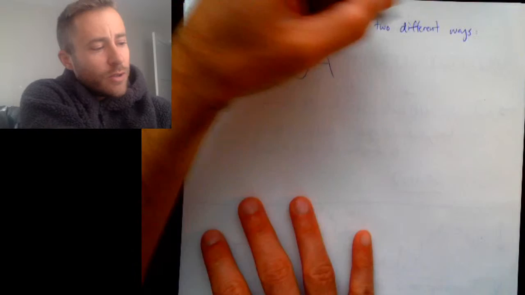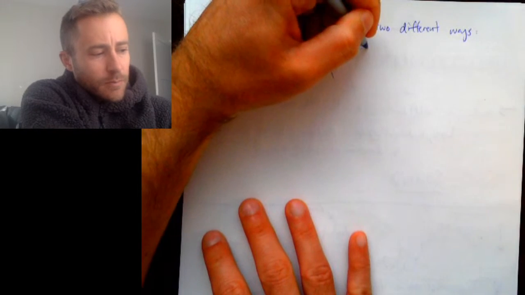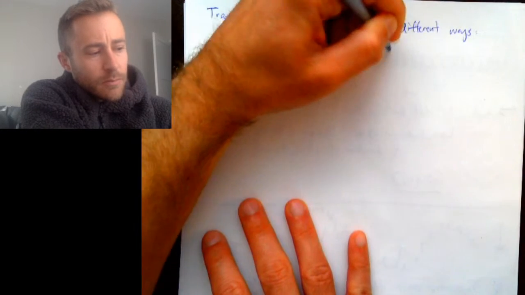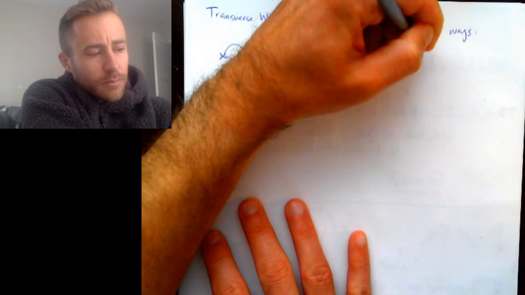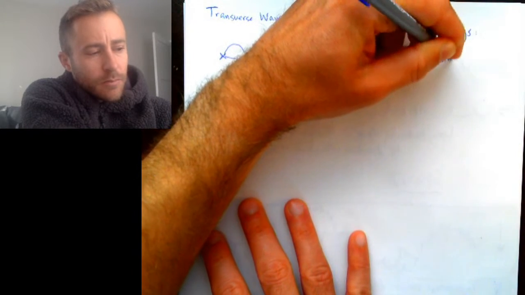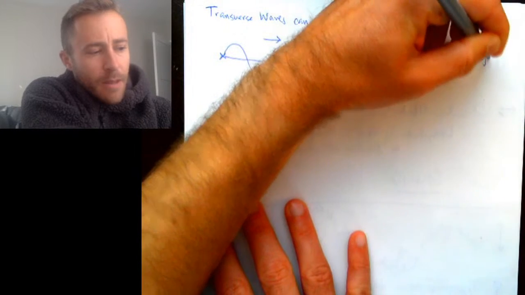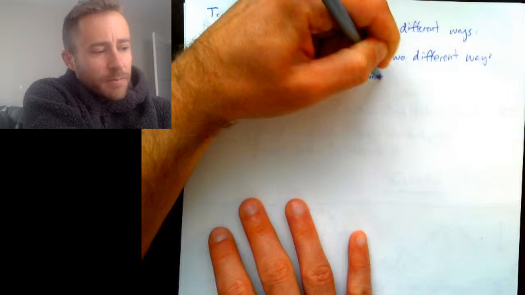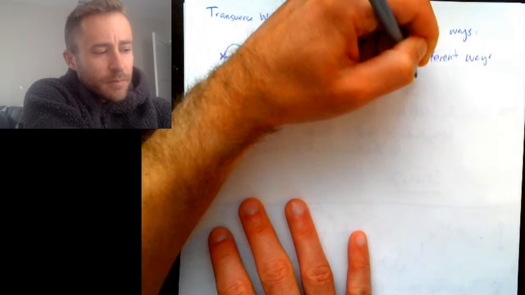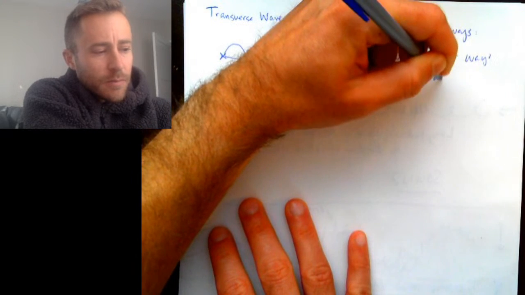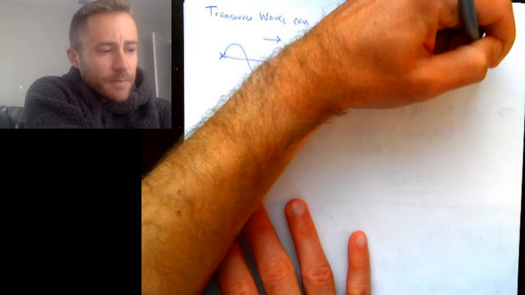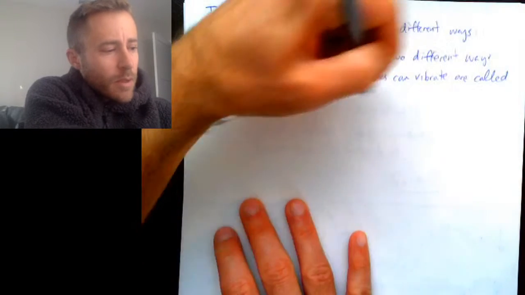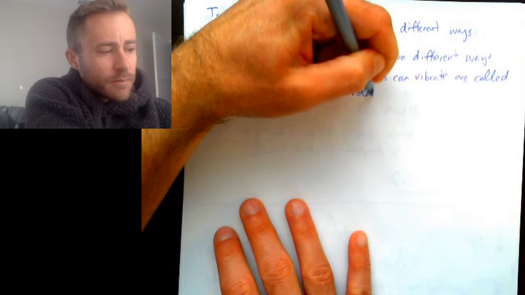These two different ways transverse waves can vibrate are called polarizations.